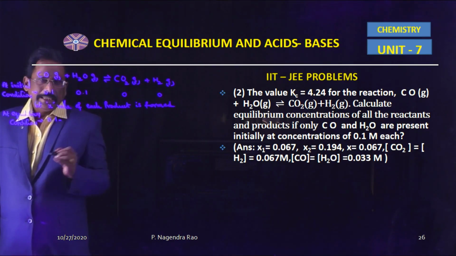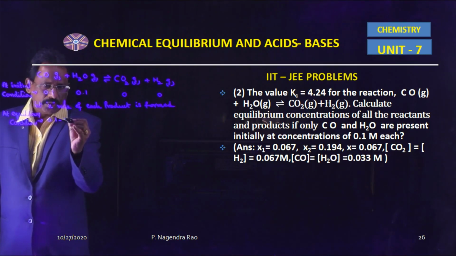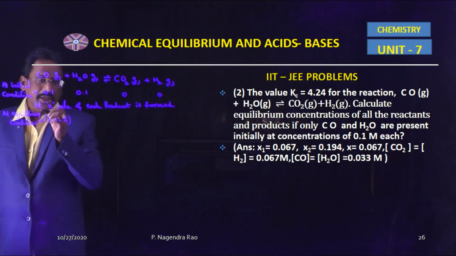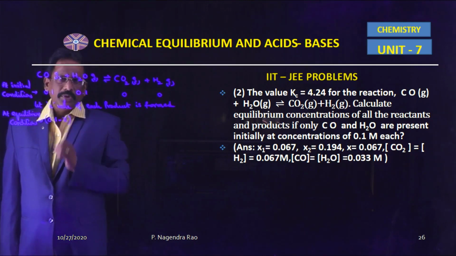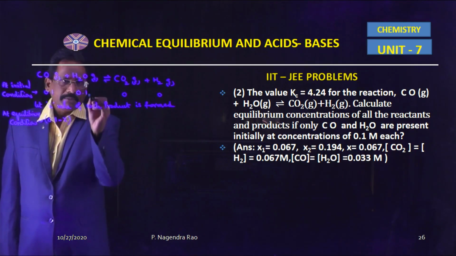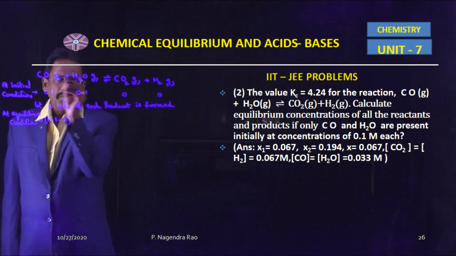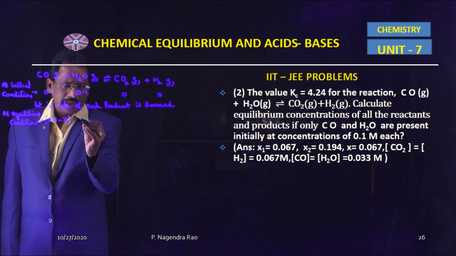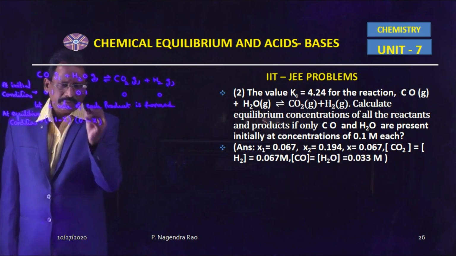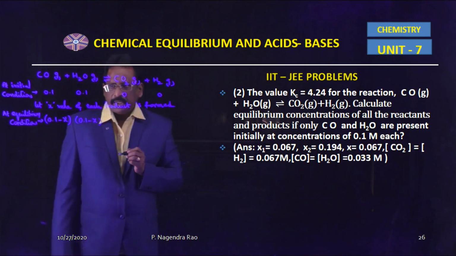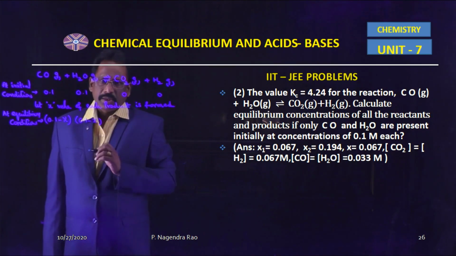Now the remaining number of moles of CO is equal to 0.1 minus X at equilibrium conditions. That means at dynamic equilibrium stage. Similarly, here also 1:1 ratio of number of moles. That's why the number of moles of water vapor remaining at equilibrium conditions is also 0.1 minus X.